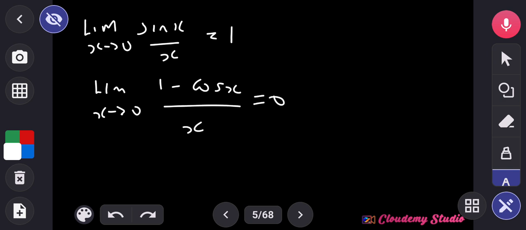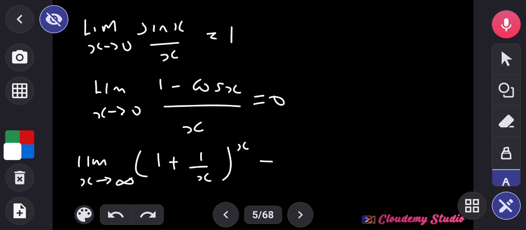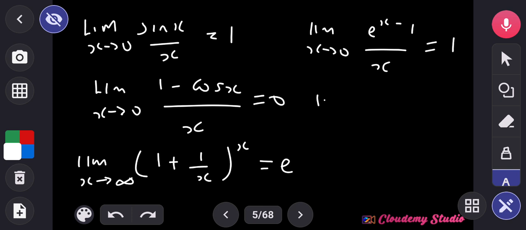The limit of x tends to infinity of 1 plus 1 over x, raised to power x, is equal to the exponential e. The limit of x tends to 0 of exponential x minus 1 divided by x is equal to 1. And the limit of x tends to 1 of x minus 1 divided by ln x is equal to 1. These are special limits that we have. These are constants, you understand?